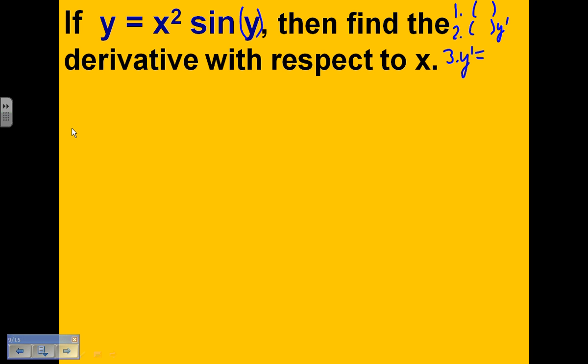Okay, on your mark, get set, go. 30 seconds. Five, 4, 3, 2, 1, time.